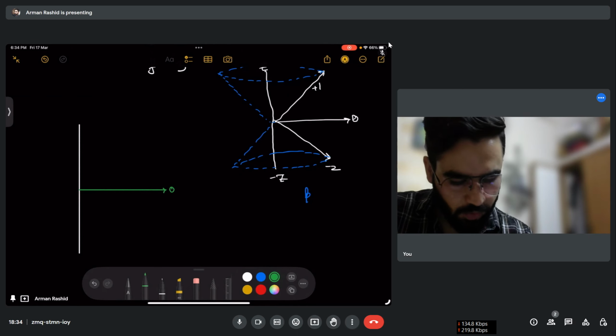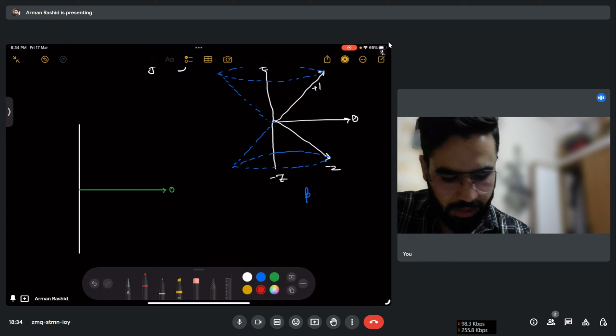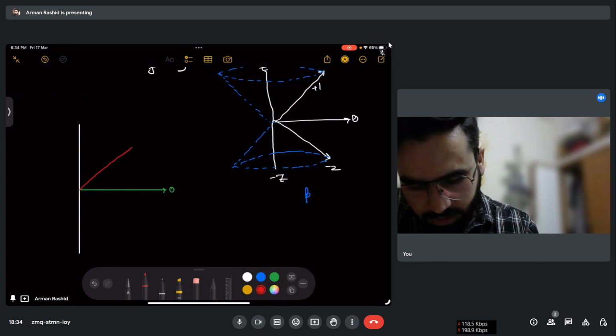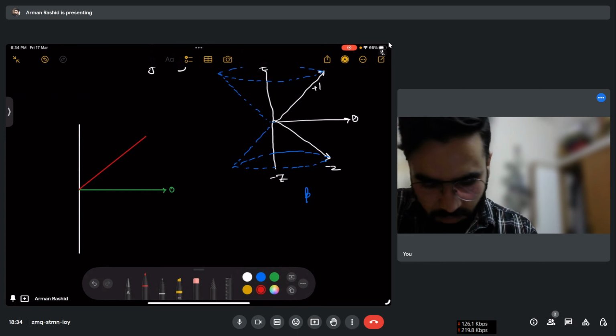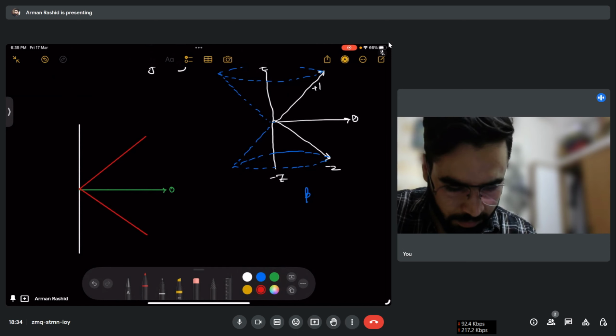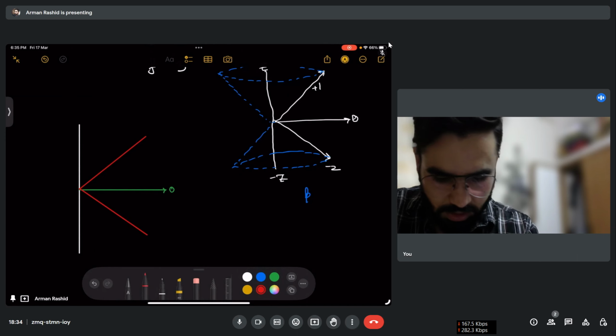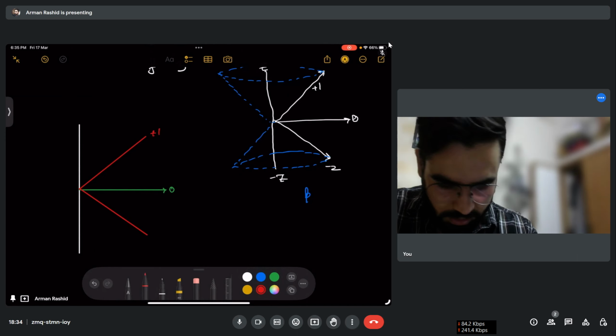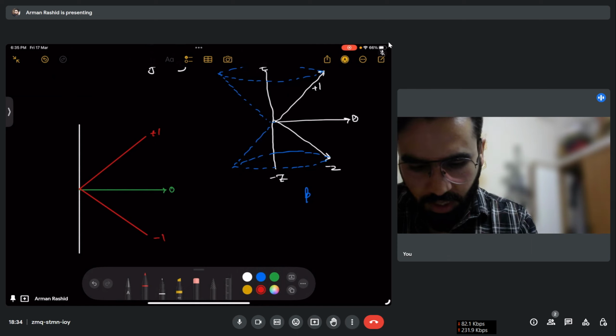Then we'll make another with, probably, red. For them the value is +1 and this is -1.